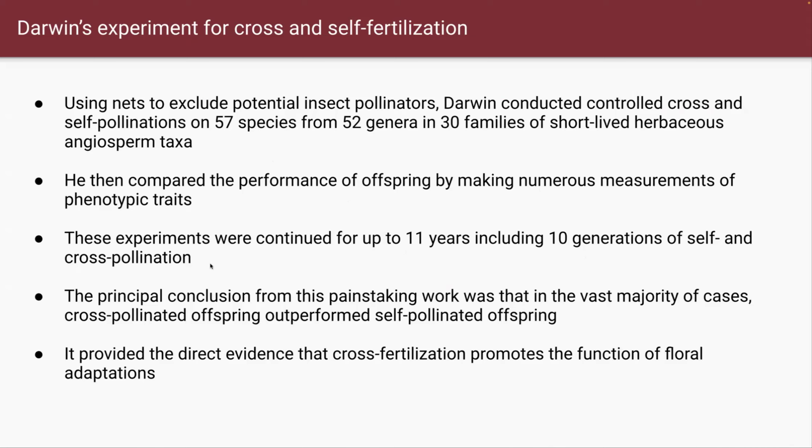And what he found was that in the vast majority of cases, cross-pollinated offspring had better performance than self-pollinated offspring. He compared the length of the plant, or how many fruits plants could have, and so on. In all of those characteristics, cross-fertilization was better than self-fertilization.